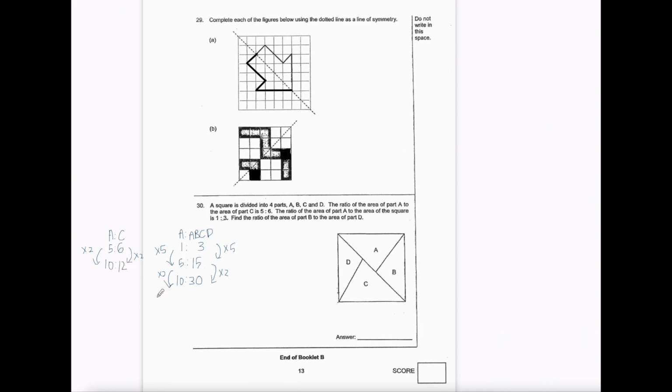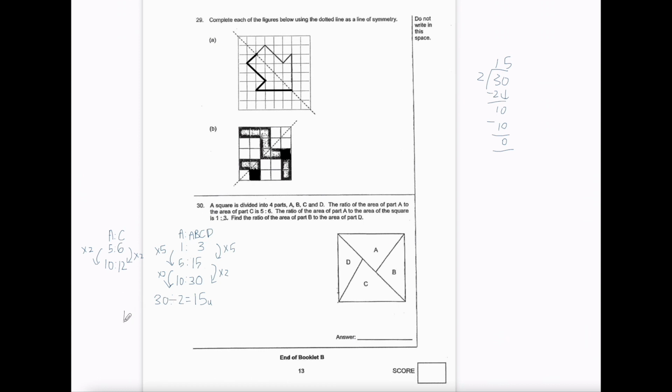Alright, so ABCD is 30 units. This means that A plus B equals 30 divided by 2 units. Okay, I'm going to get 15 units. So 15 units is A plus B or C plus D. Okay, so half of it is 15 units.